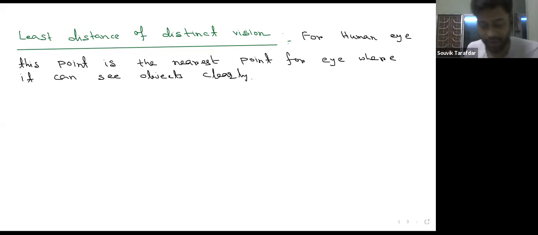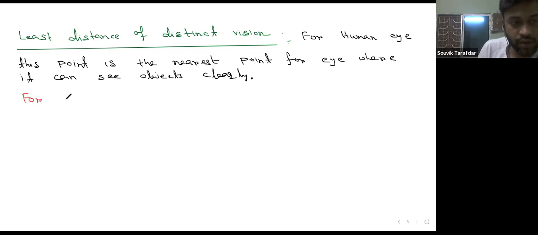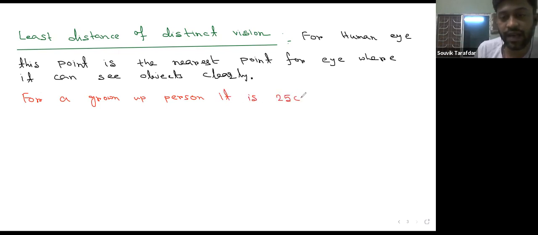What is the value of the least distance of distinct vision? For a grown-up person, it is 25 centimeter.